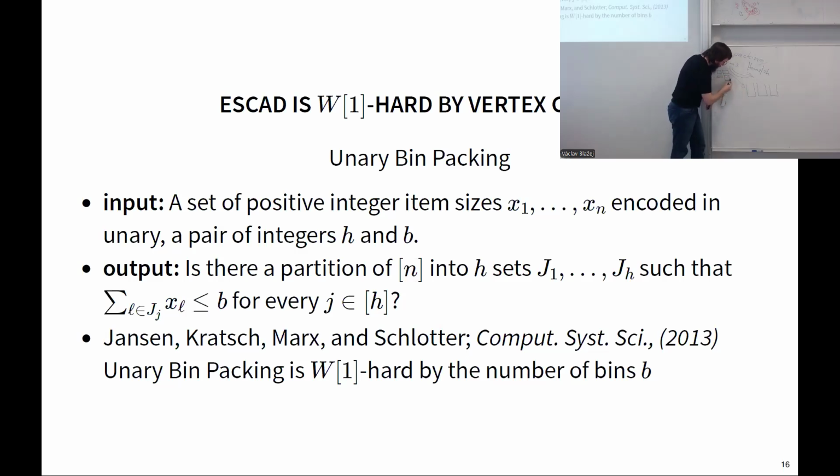And you want to assign them here in some way so that they don't overflow the capacity of the bins. So B is the number of bins, and each has a capacity.